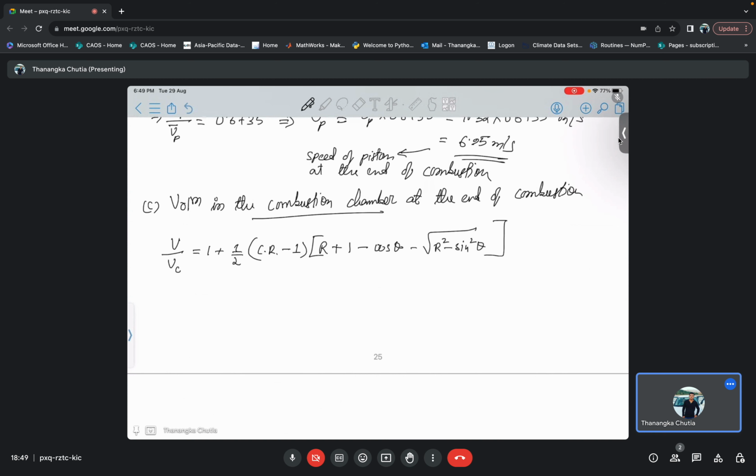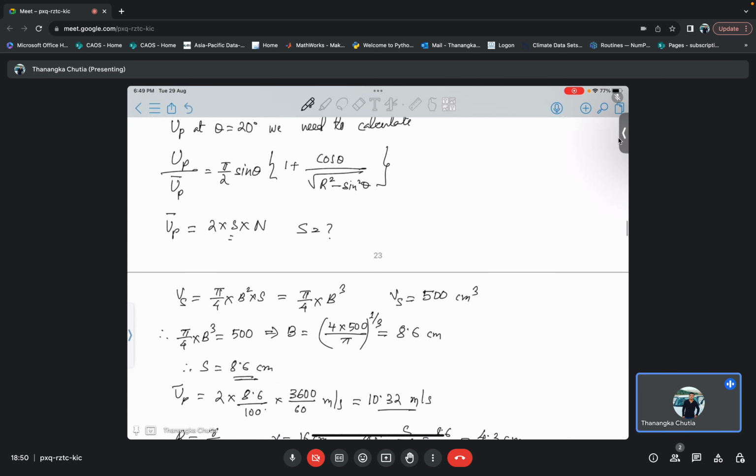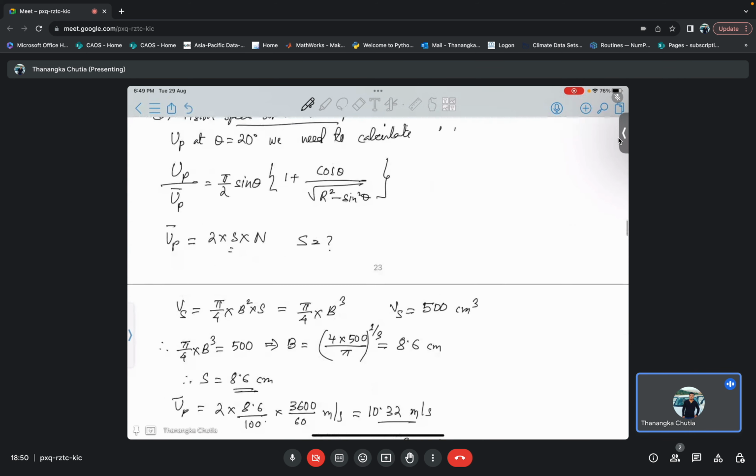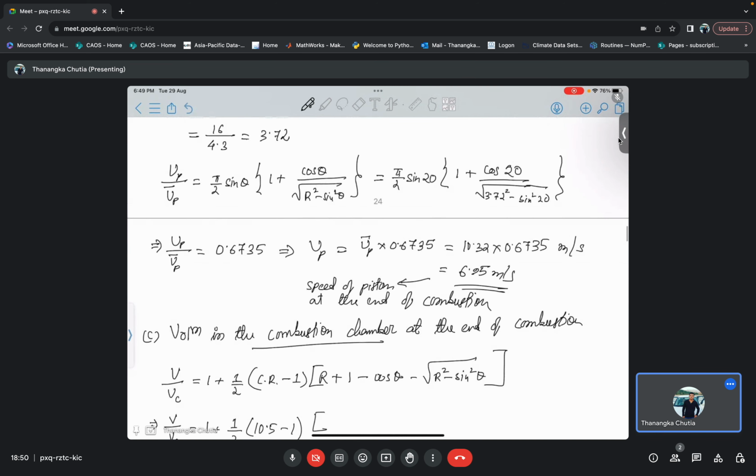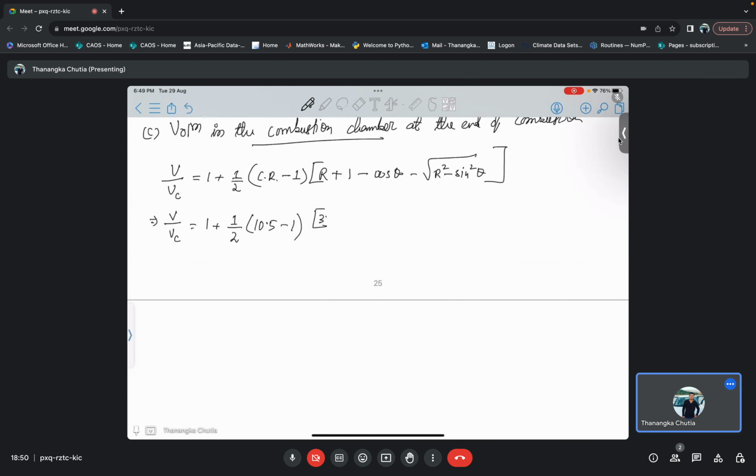Vc and compression ratio we know. So V by Vc is equal to 1 plus 1 by 2 times, compression ratio is 10.5, so 10.5 minus 1, R is 3.72, minus cos 20 minus root over 3.72 whole square minus sine squared 20.